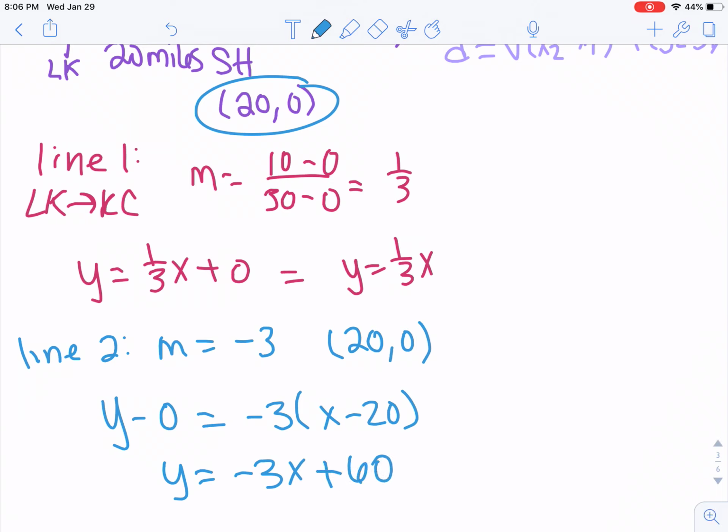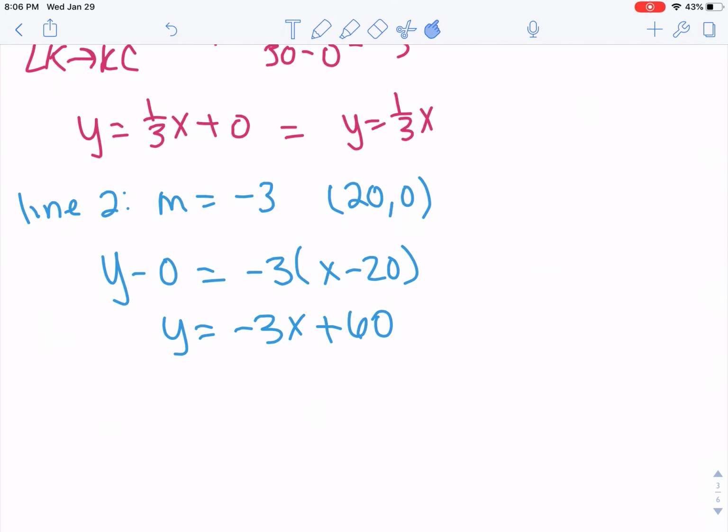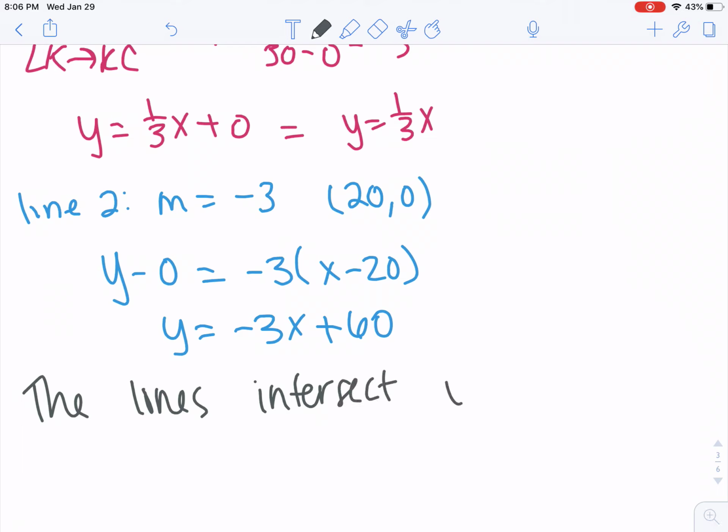Okay? So line 1's equation is 1/3 x. Line 2's equation is -3x plus 60. And from Algebra 1, we remember that when those two lines intersect, that's going to give me this point right here. And when two lines intersect, that means their equations have to be equal. So the lines intersect when the equations are equal.